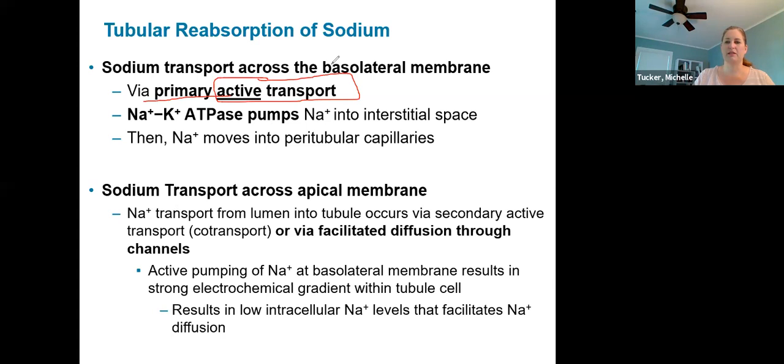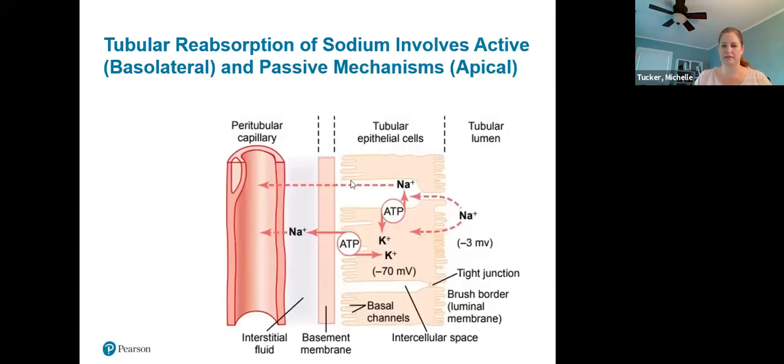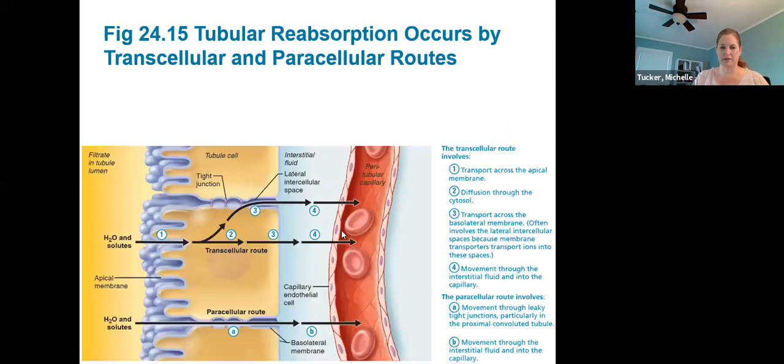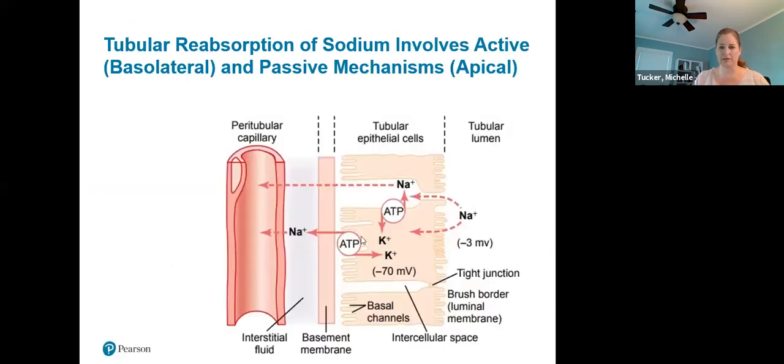If we look at this one, the sides are switched. This is now the lumen, apical membrane, basolateral membrane, peritubular capillary.